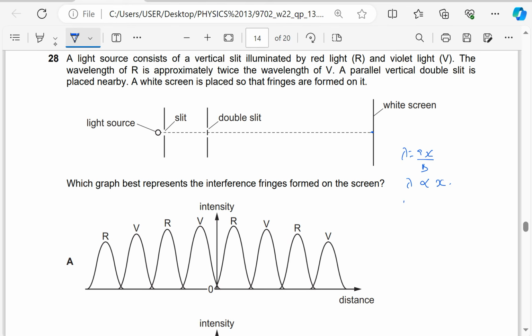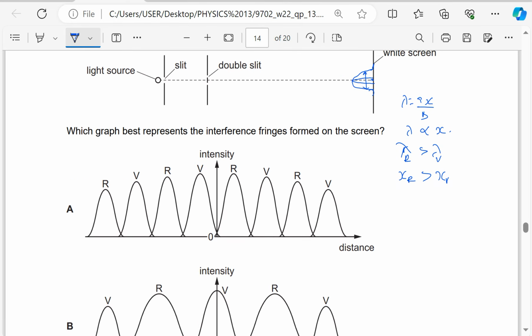So that means, remember, the wavelength of red is greater than the wavelength of violet, which means x for red should be greater than x for violet. So if we have formed violet here, then red should be forming a wider peak at this point, but they will have the same amplitude.